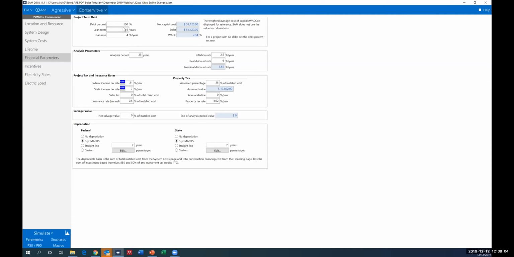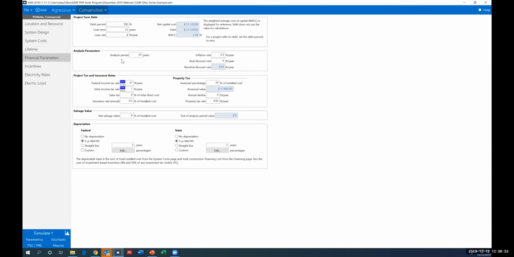And so we may actually end up changing that to run it at a lower debt fraction. One example of that would be the USDA REAP program, which has a low interest loan guarantee program that will cover up to 75% of the project. So in that instance you would want to change that. That might be a fun parametric analysis, our debt percent. We may try that. That might be an interesting one to see how that debt percent influences some of the factors that we run.